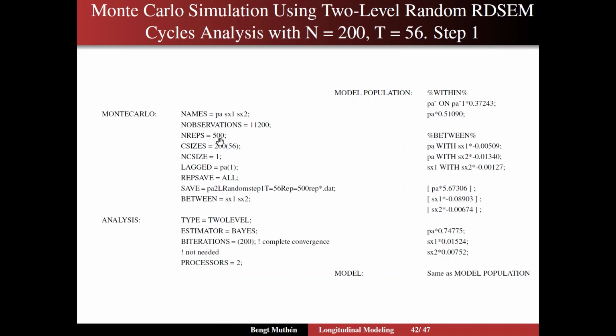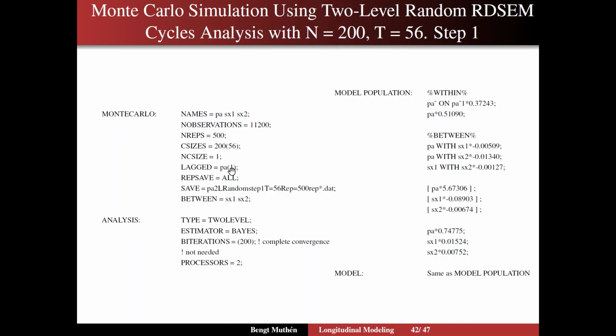Now we're going to work with 500 replications, and the cluster sizes are 256, which means 200 people and 56 time points. So corresponding to the data that we have looked at here in the Webtalk. Number of different cluster sizes is 1, 56 for everyone.